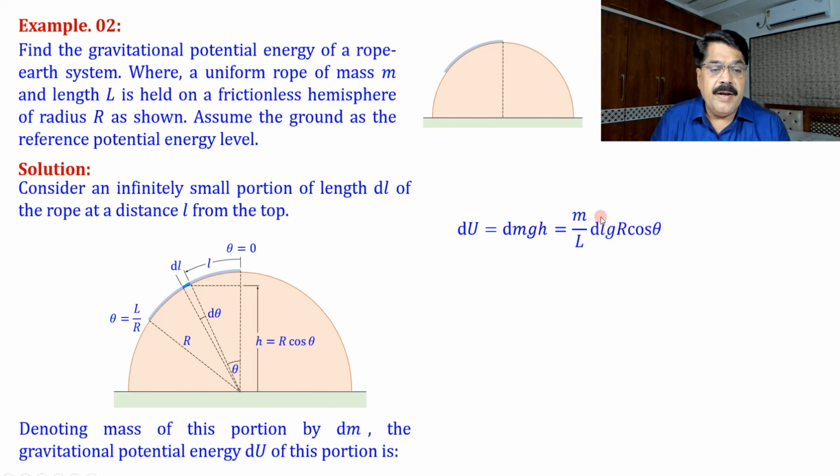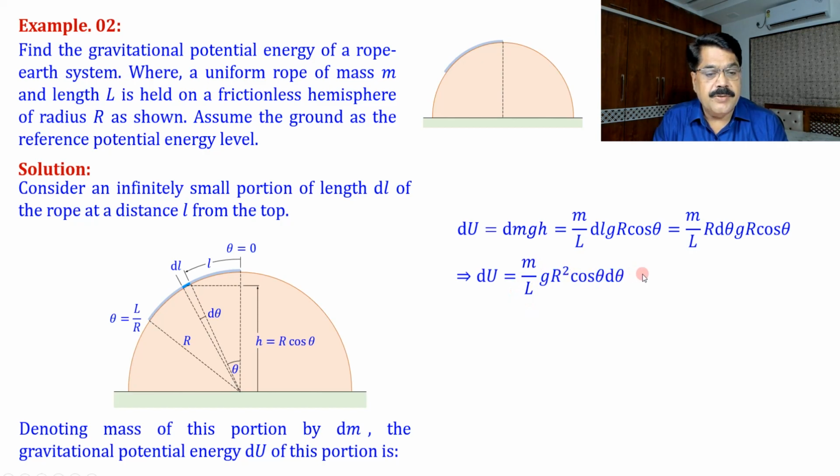For dl we can substitute r d theta, the arc length. So we get M by L, r d theta, g r cos theta. From portion to portion, only theta is variable among all these symbols, so d theta we write here. So dU is equal to m by L g r square cos theta d theta.